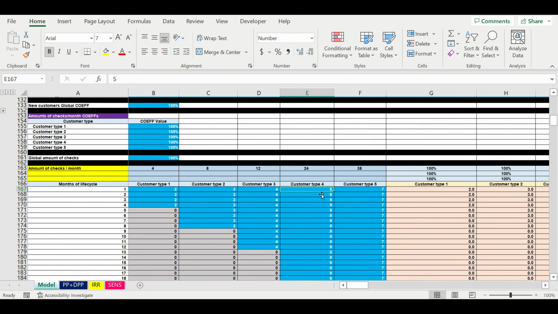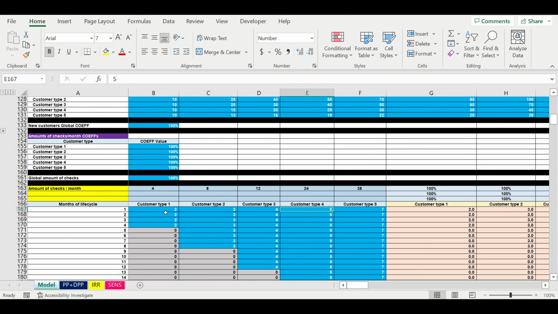Then we need to specify how often inside this life cycle this customer purchases our product or our service. This means that this type of customer purchases twice a month during its life cycle. This one purchases 3 times, 4, 5, and 7.